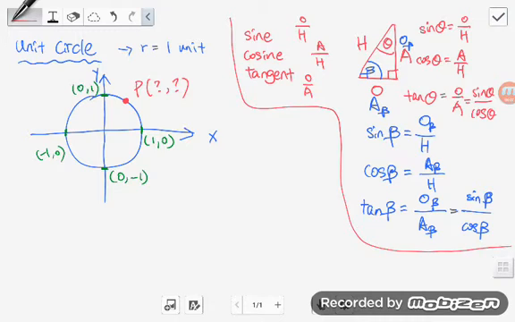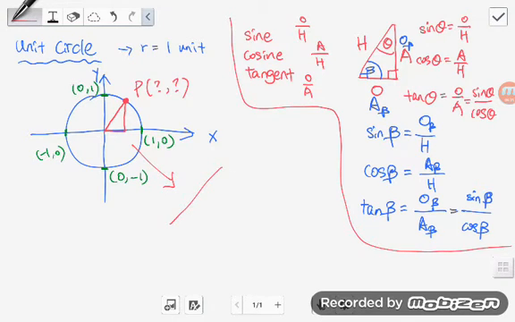Now, how do we apply all of this to a unit circle? Again, the reason why I review this simple trig stuff is to find that point P. So what I'm going to do here is make this right triangle there. See that? So let me zoom in.